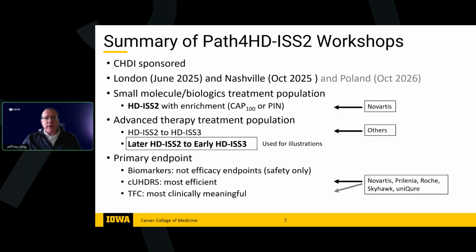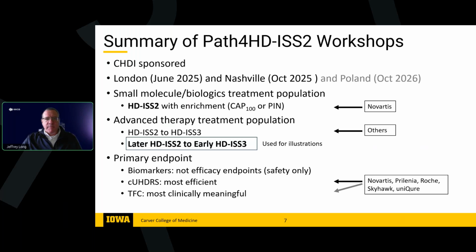And I want to give you a summary of thoughts about both treatment and outcomes that come from a series of workshops that are sponsored by CHDI. These are known as the Path for HDISS2 workshops. We've had two meetings so far in London and Nashville, and there's going to be another one later this year. The recommendations are the following, again distinguishing between therapy modalities.